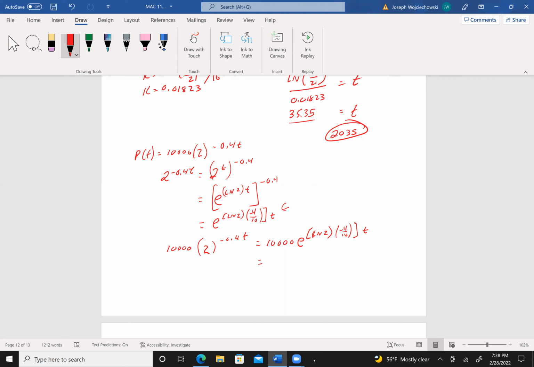So we take the log of 2. That's the log of 2 times our -0.4.